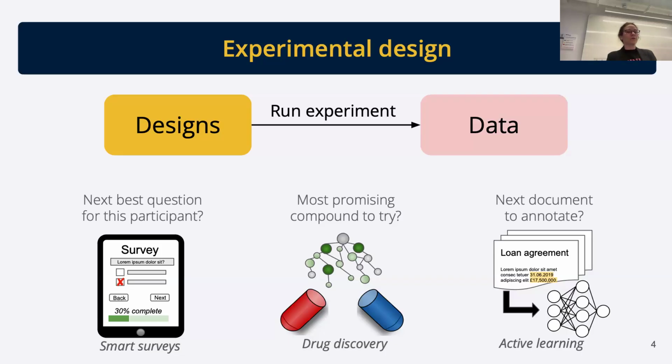If you're a pharma company designing drugs, you may want to know what the most promising compound to try, with specific characteristics, is. And even when you think about active learning, what is the next best document to annotate? When annotations are very expensive, you may want to be careful about how you select the data that you annotate.